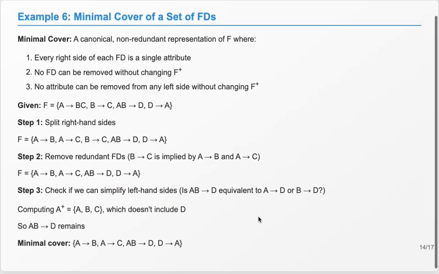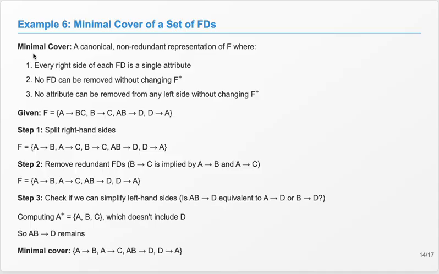And next, we're introducing the concept of minimal cover. This will be very helpful in later normalization lectures. Computing minimal cover is the first step in third normal form decomposition.